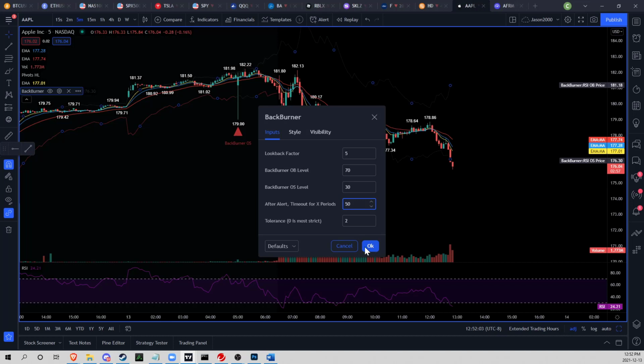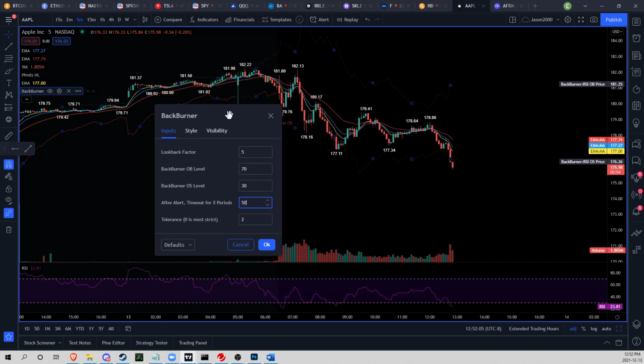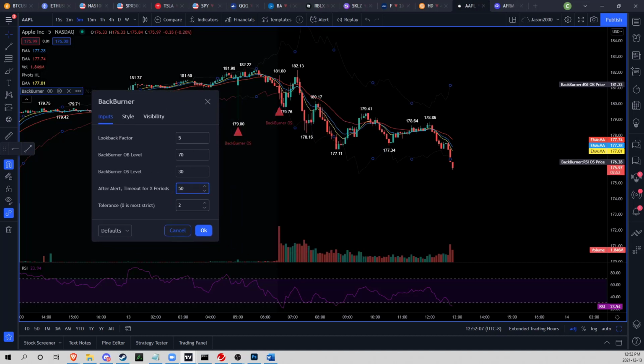The next one, tolerance, is a little bit more hard to explain. Essentially, what we're doing is just increasing or decreasing the tolerance for how much wiggle room you want to see in your alerts. Let's say your conditions are within 10 cents. If you want to be really strict, then you can be 0 and say, look, we were within a penny, but it didn't hit that exact level, so we're not going to be able to do that for you today.